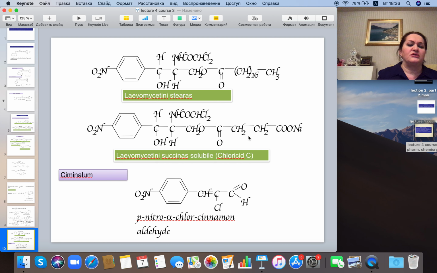Its advantages when we compare with other levomycetins.